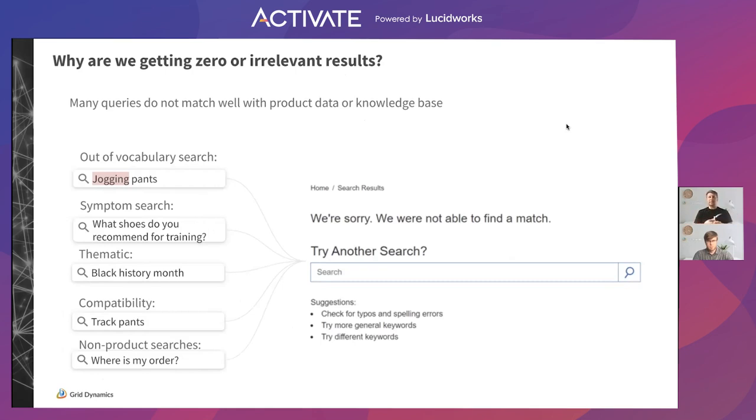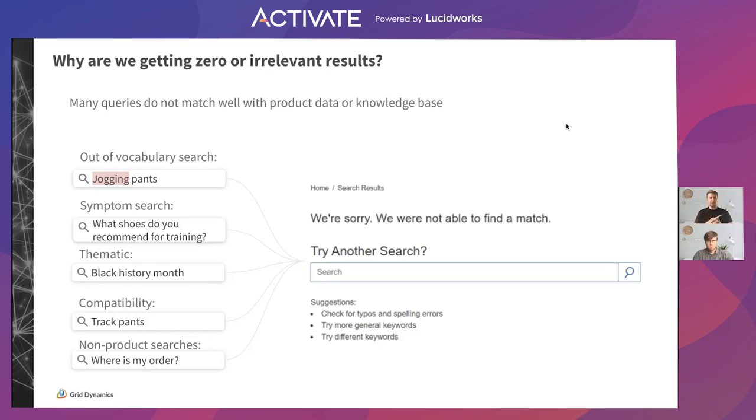Very often our customers do not even talk about the attributes of the products which they want to buy. They are talking about their problem. They are talking about the symptoms which they have, like I have a problem, what kind of product can help me. And in this case, the traditional search is pretty clueless about how to retrieve relevant products which can solve a particular problem.